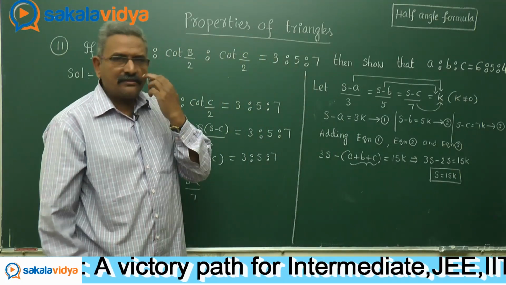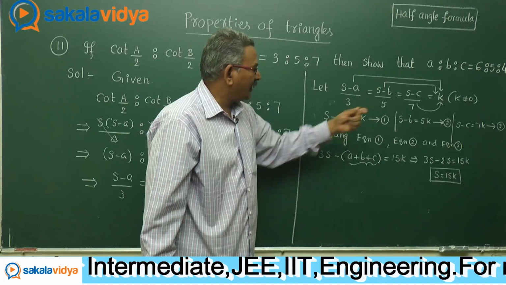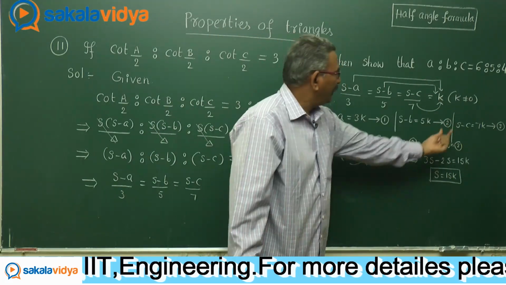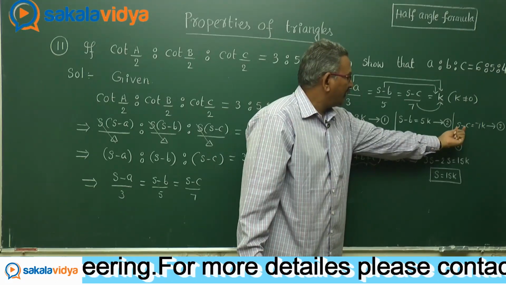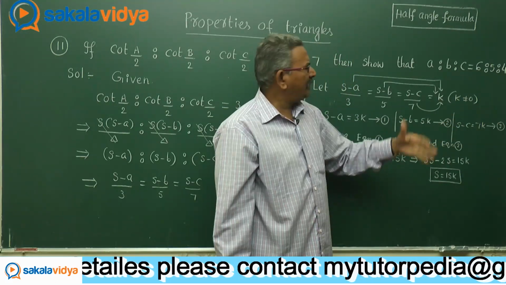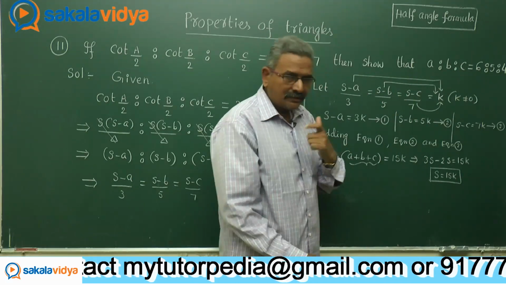As we know the s value, from equation 1 we get a in terms of k, from equation 2 we get b in terms of k, and in a similar manner we get c from equation 3. Then we can easily find the ratio among a, b, c. That is the planning.